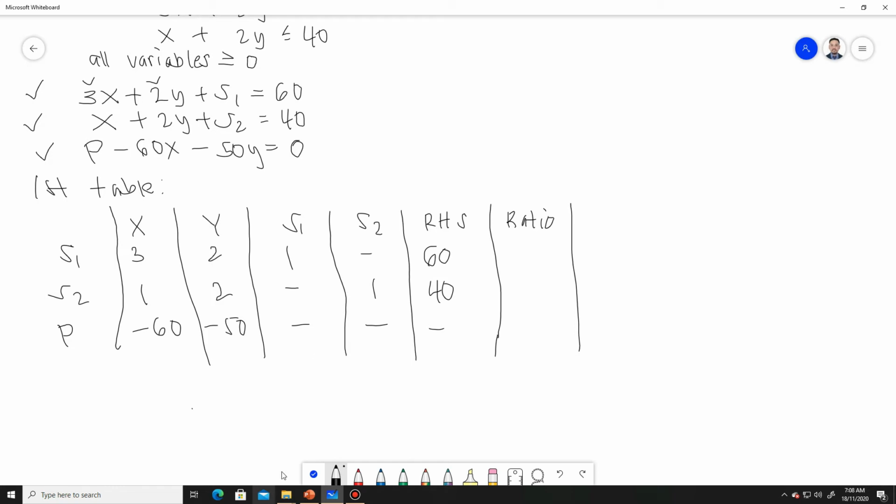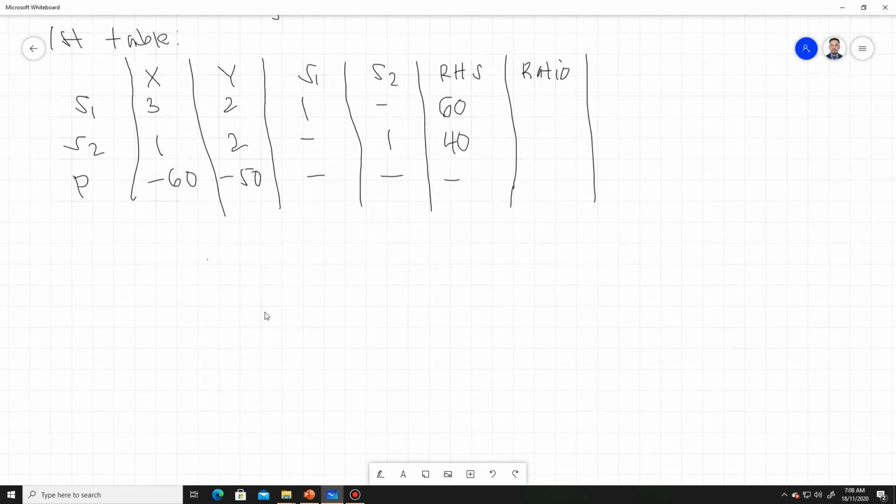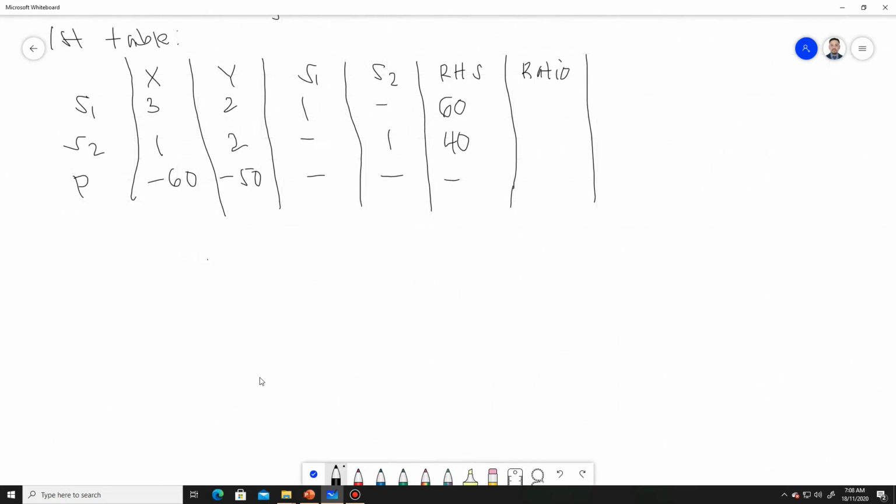And then, the next procedure is to get the leaving variable and the entering variable. To find the entering variable, we look at the P row. But first, since our P row has negative values, this is not yet optimal.